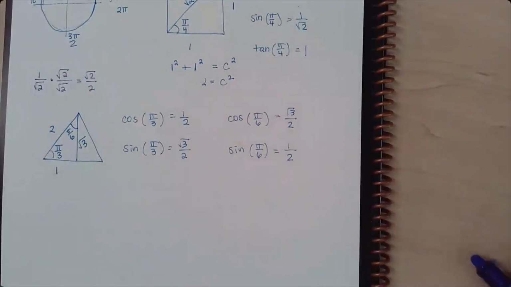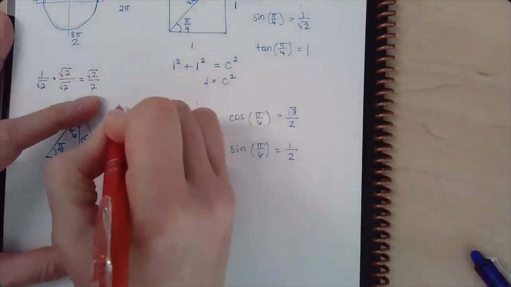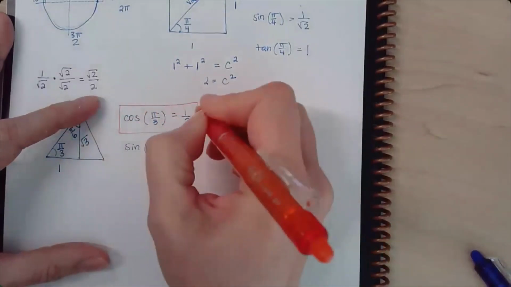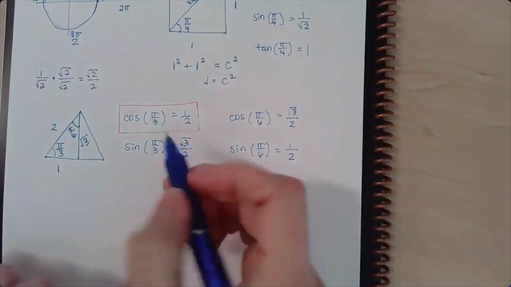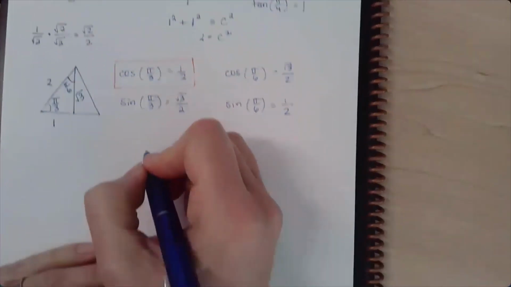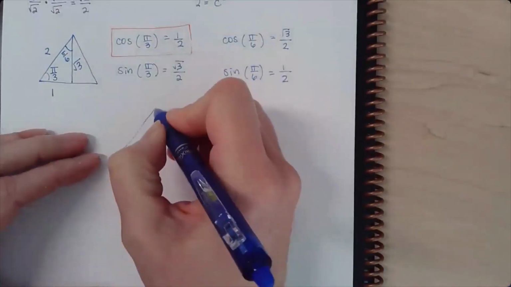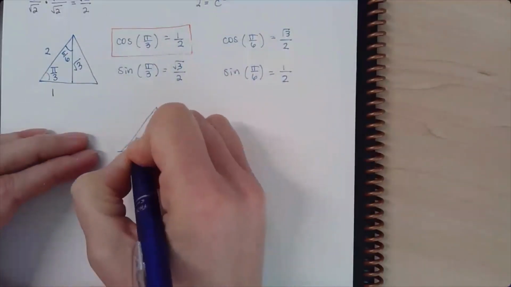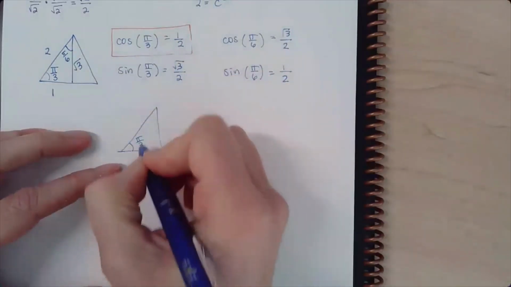So for example, if you were to just know that cosine of pi over 3 is equal to 1/2, then I could really quickly draw a triangle, even if it's not pretty, and go pi over 3, if cosine is equal to 1/2, that's a 1 and a 2.